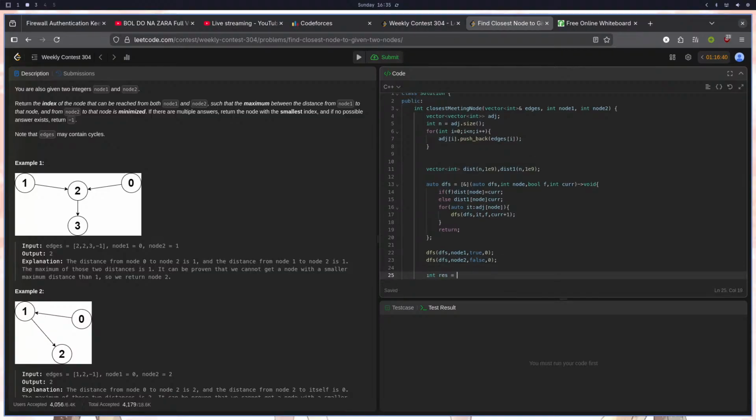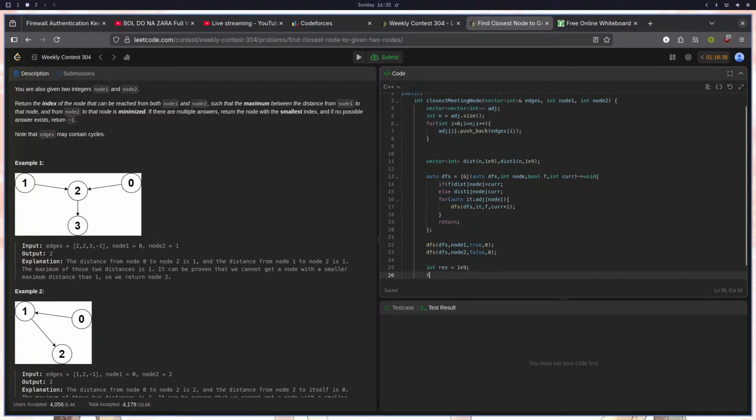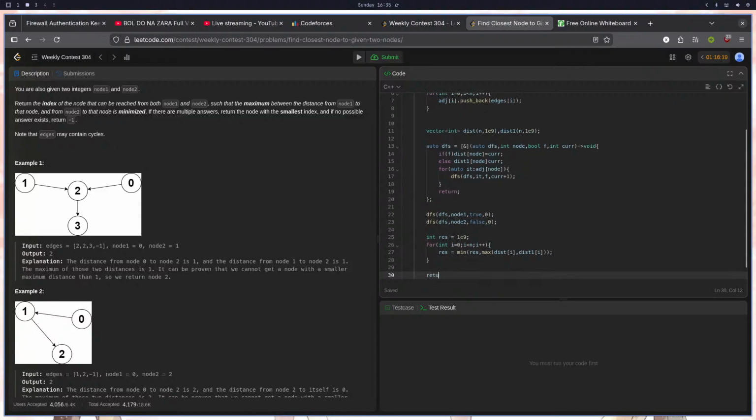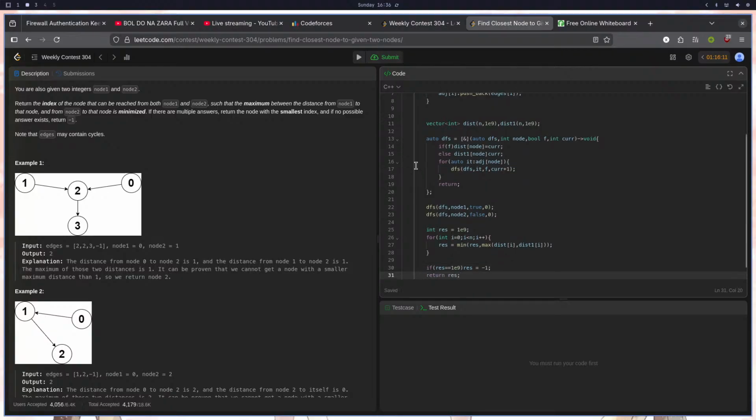int res equal to 1e9, for int i equal to 0, i less than n, i plus plus, comma max of test of i, comma test1 of i. Is equal to 1e9, res equal to -1, return res.